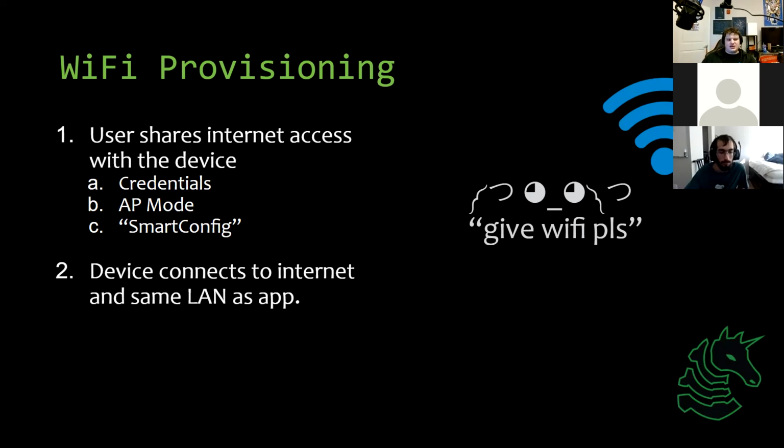So yeah, then you got to make sure that the device is connecting to the same LAN as the app that you're doing the connections with. So if you have a 2.4 gigahertz and a 5 gigahertz Wi-Fi, you got to make sure the devices are on the same frequency or just on the same LAN.